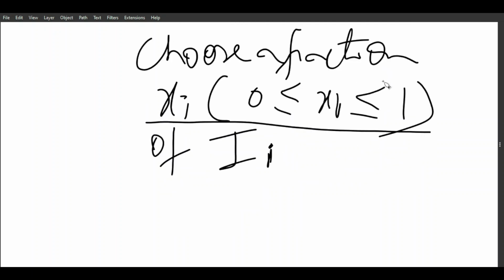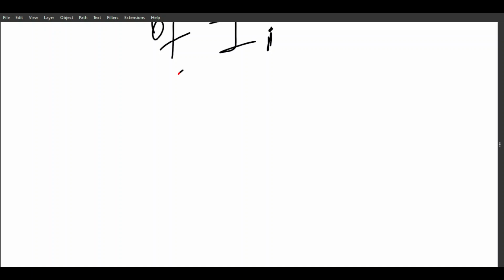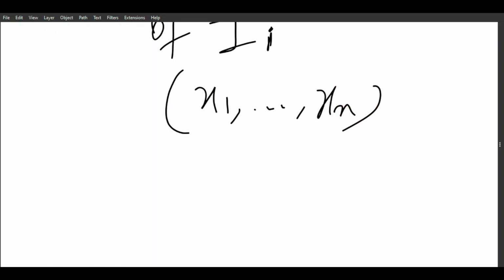So our solution is this sequence of fractions x1 up to xn. This we have to output. Now there are some constraints that have to be satisfied.